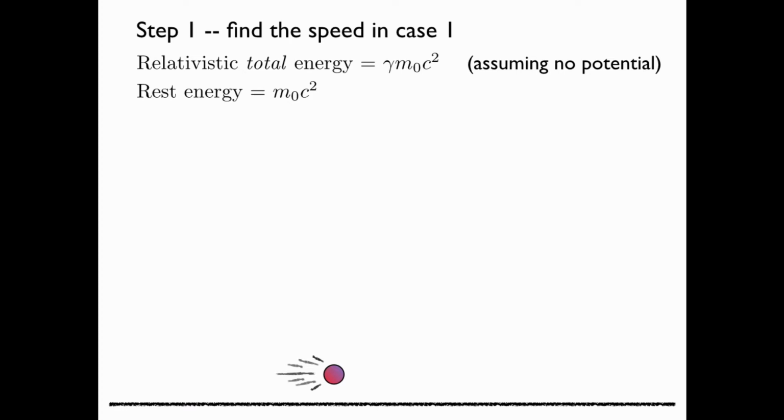We have the 0 there just to remind us that it's the rest mass. And so the relativistic kinetic energy is just equal to the difference of the total energy and the rest energy, which is gamma minus 1 times m naught c squared.